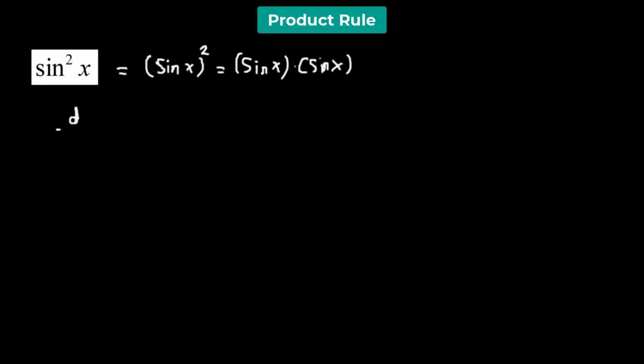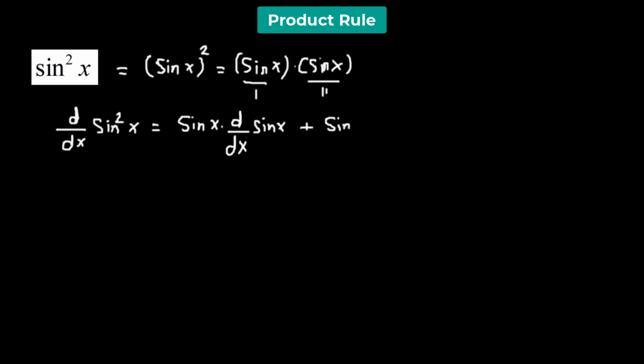So we have the derivative with respect to x of sine squared x equal to sine of x times the derivative of sine of x, considering that this is the first function and this is the second function, plus now we take the second function, sine of x, multiplied by the derivative of the first one, which is sine of x. Now both are the same thing.